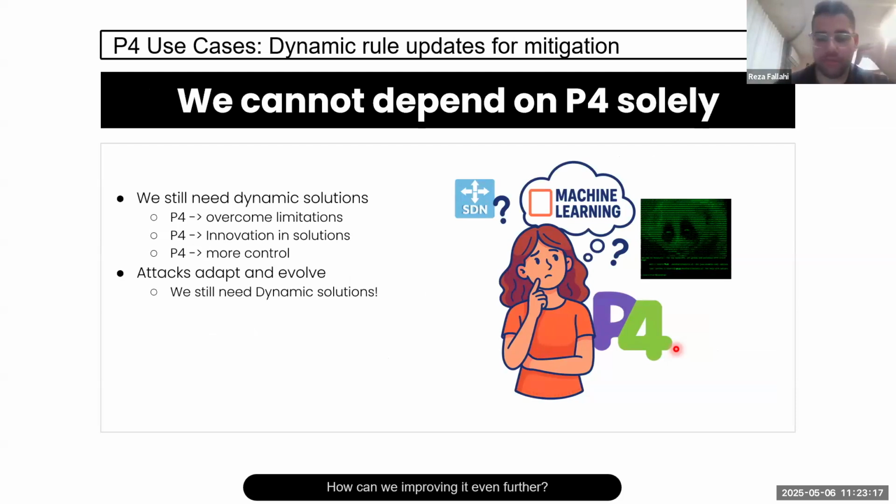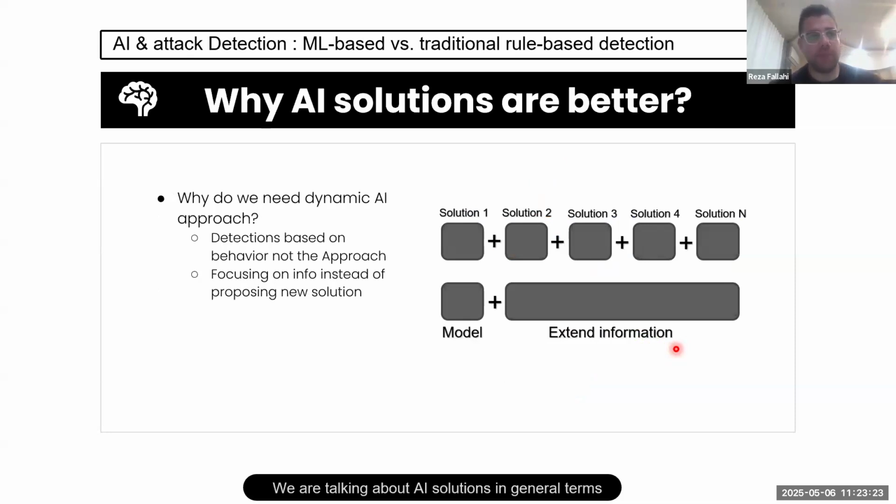That is the intersection of our talk with AI solutions. But before we bring up the ideas of AI, I will try to explain why we need AI solutions in the first place.